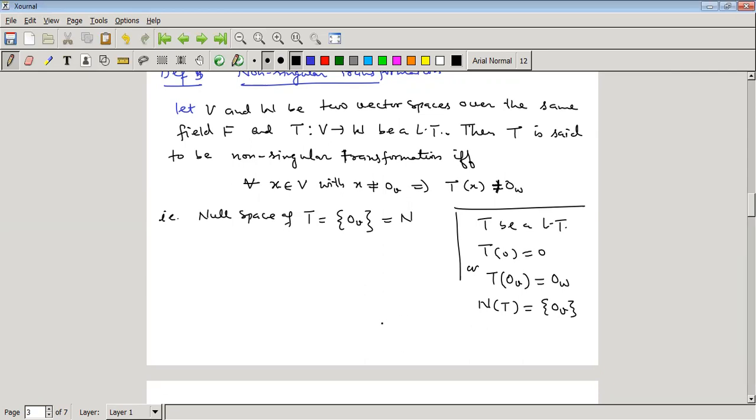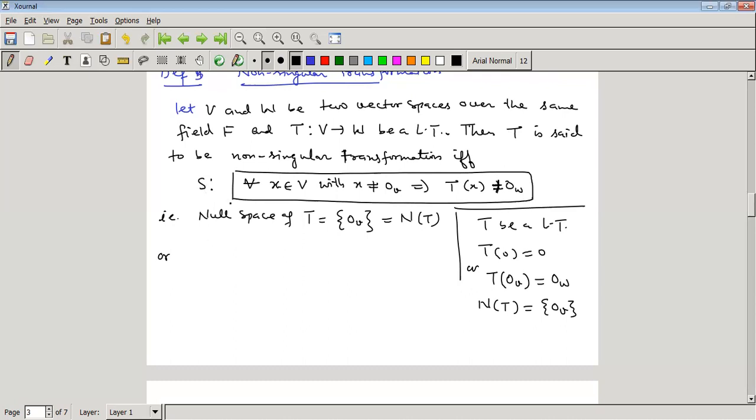Or in the same way, if this is my statement, what is the negation of this statement?